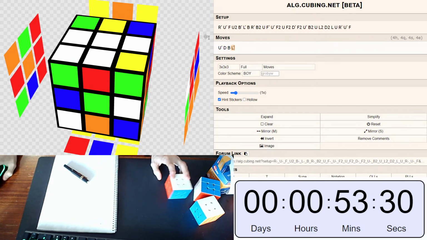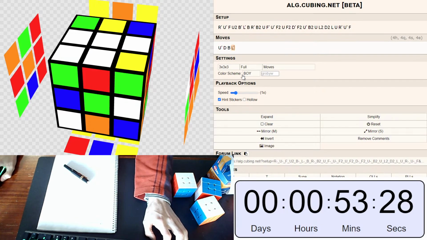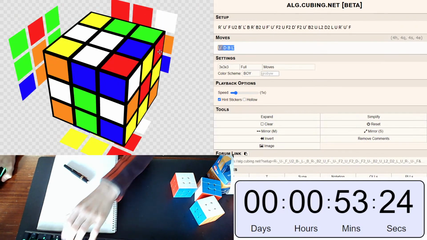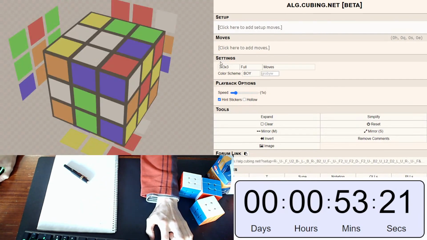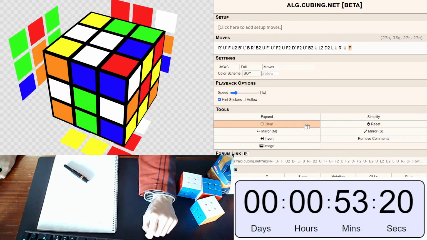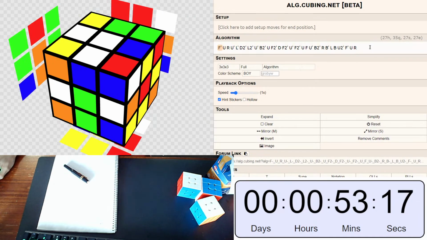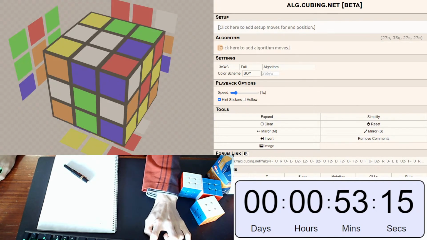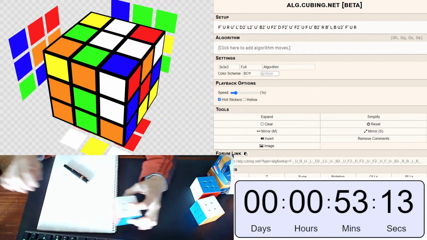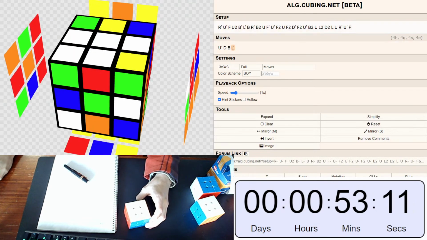Now I'm going to check the inverse scramble. I'll duplicate this tab, put the scramble here, invert it, and put it back in the setup. Normally I would just read this backwards.